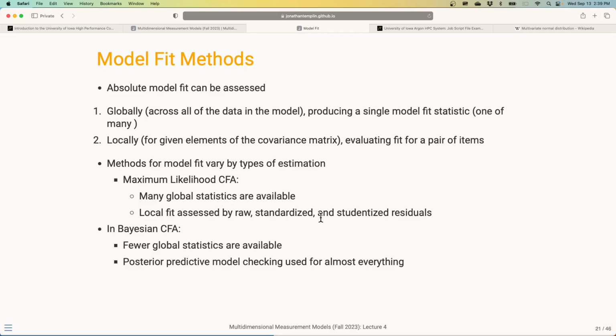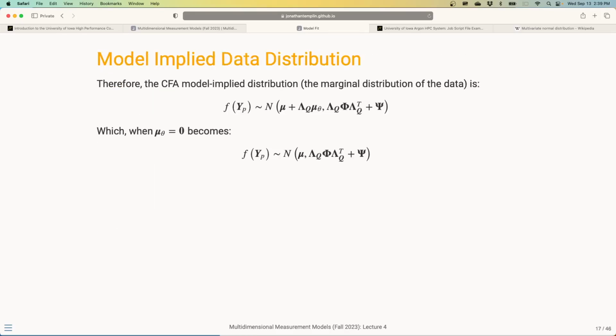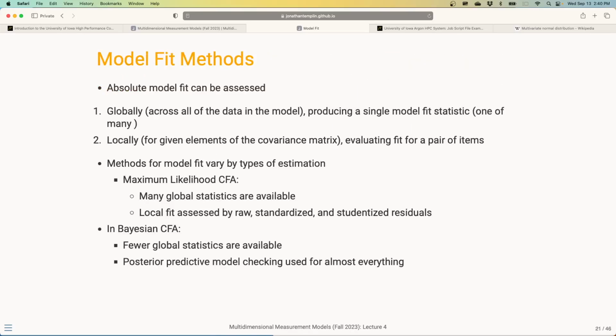And a lot of this is because even though this looks complicated, there's no integral involved in it, whereas in other models that integral won't go away. So it's somewhat tractable, although not for me. Other people will have to figure that out, right? So if you're using ML for CFA, you'll get a big list of these model fit indices.